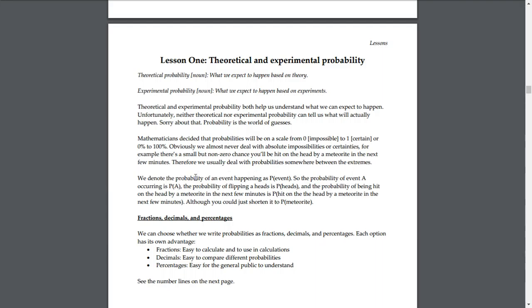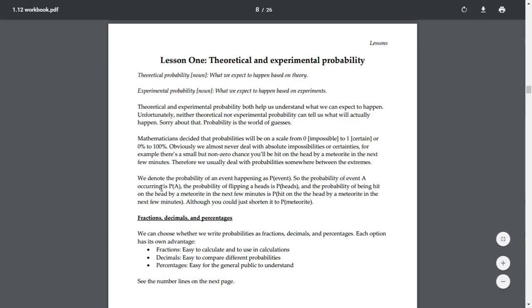We denote the probability of an event happening as P, open bracket, event, close bracket. So the probability of event A occurring is P(A). The probability of flipping a heads is P(heads). And the probability of being hit on the head by a meteorite in the next few minutes is P(hit on the head by a meteorite in the next few minutes), although you could just shorten it to P(meteorite).